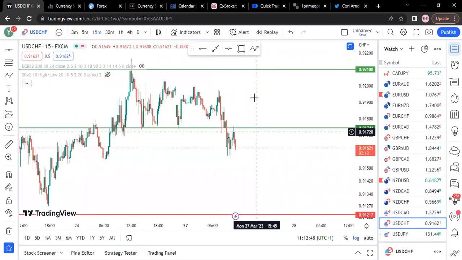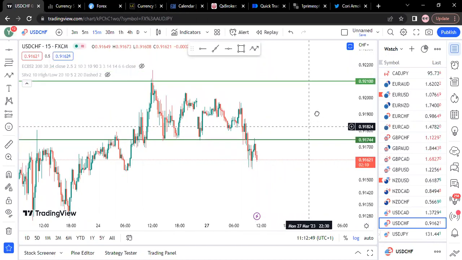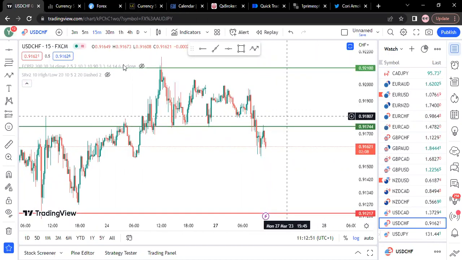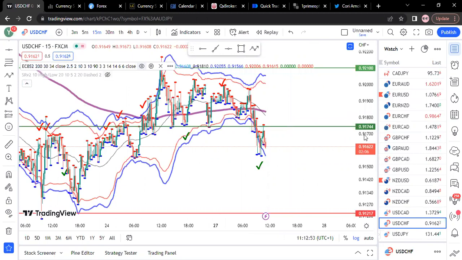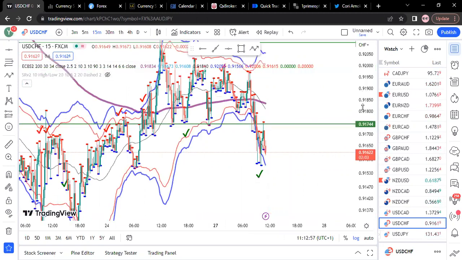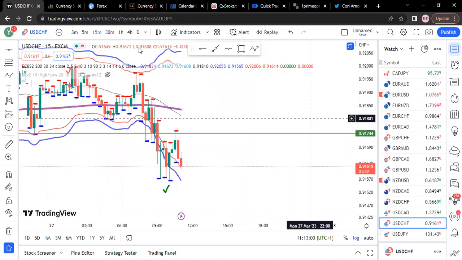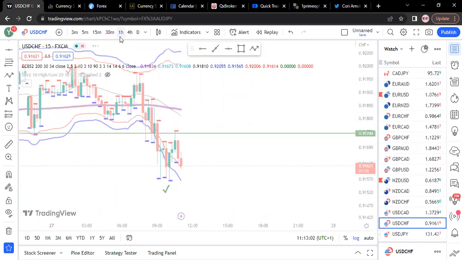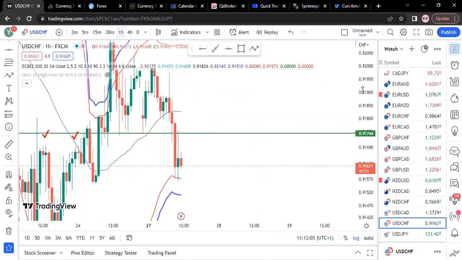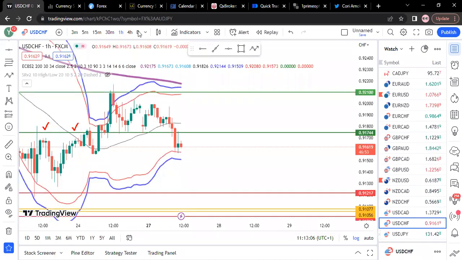USD CHF. From Finviz, we realized that the market is going to be bearish. Okay, let's check a bearish market. Okay, this is a bit bearish. This is bearish.